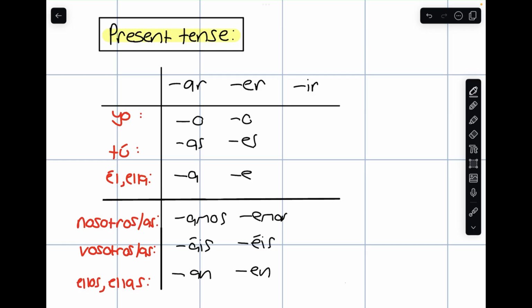And for IR verbs, we have o, es, e, imos, is, en. Now you can notice patterns between each set of endings. So we have all the O's, then we have as, es, es, a, e, amos, emos, imos, ais, eis, is, an, en. So although there are 3 different sets of endings, there are definitely similarities between them.